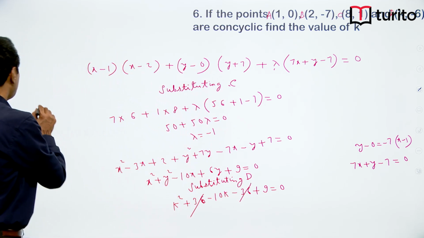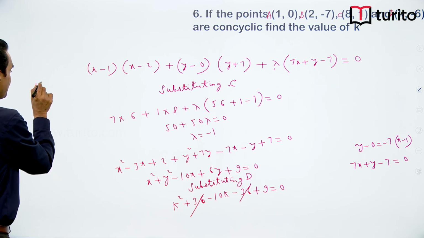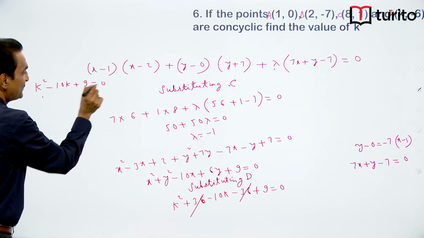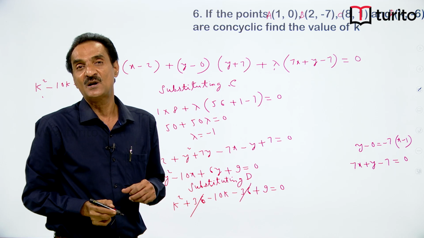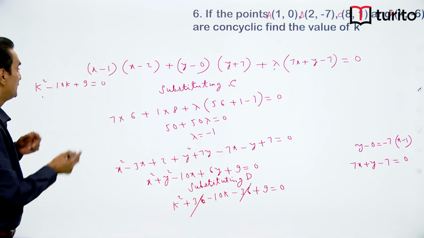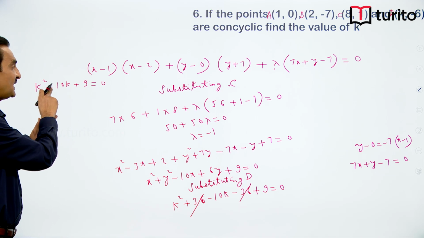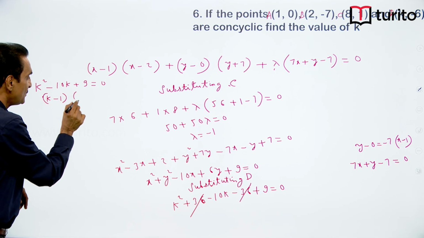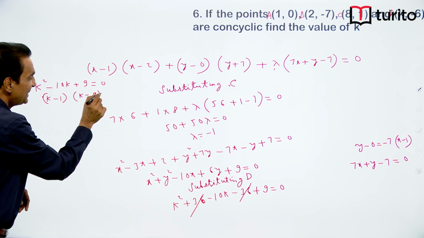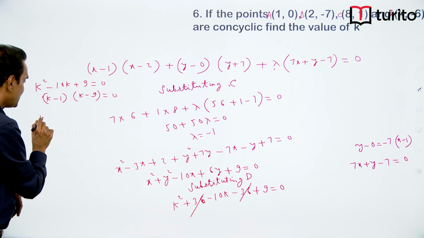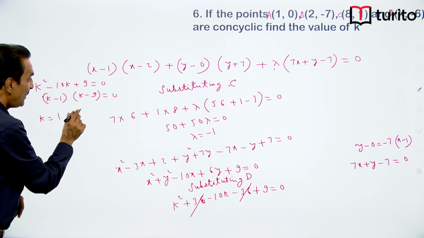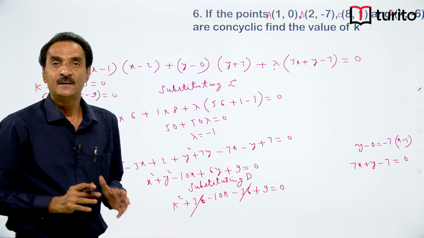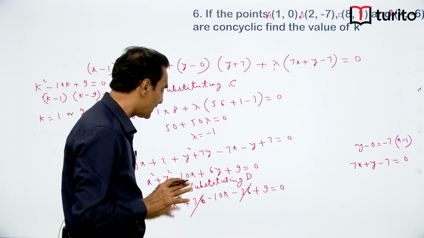Now, we got the equation k square minus 10k plus 9 is equal to 0. What are the roots of this quadratic equation? 9 is 9 into 1, 9 plus 1 is 10. So, it can be easily factorized as k minus 1 into k minus 9. Then k is equal to 1 or 9. Okay. This is the regular method.